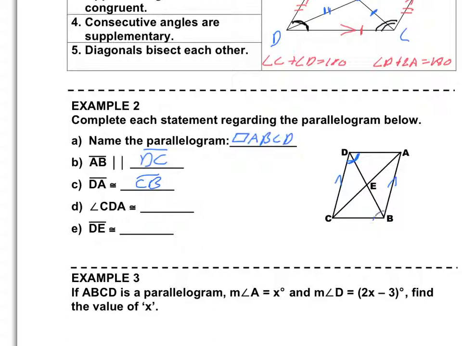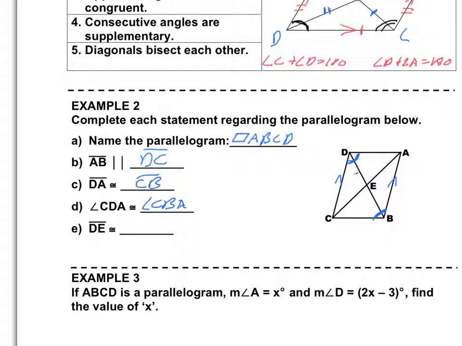So this angle right over here, angle B, and since there's more than one line at B, we have to label it with 3 letters. So we're going to say angle CBA is congruent to CDA.